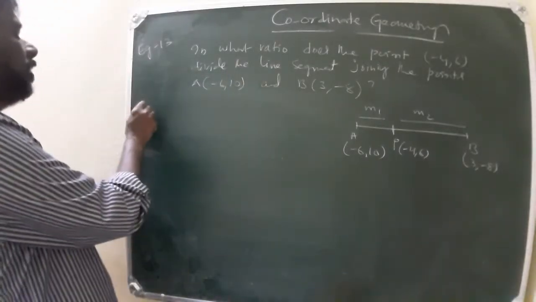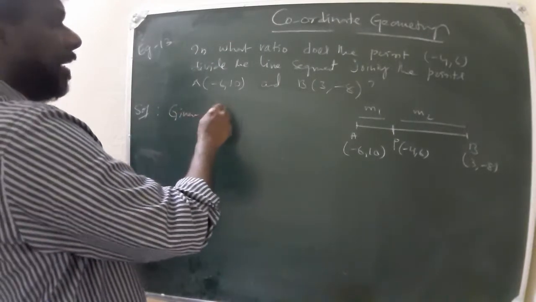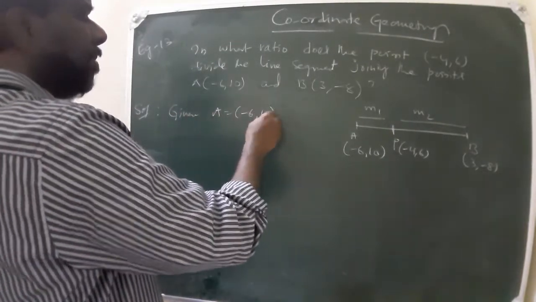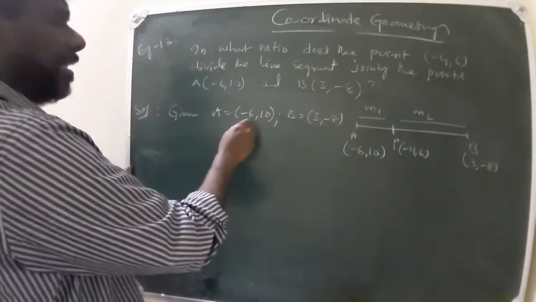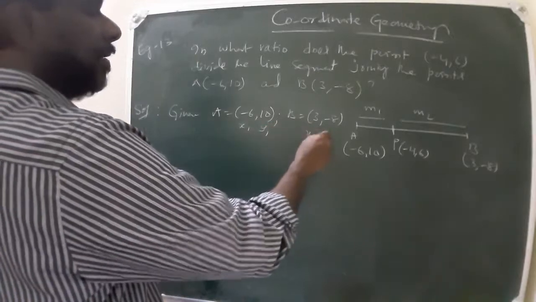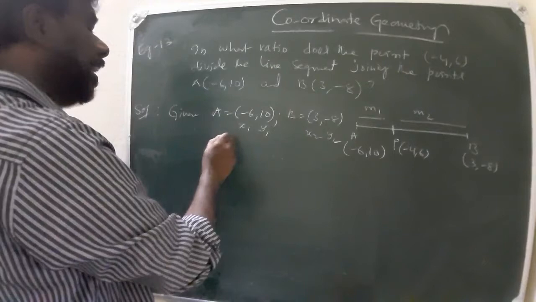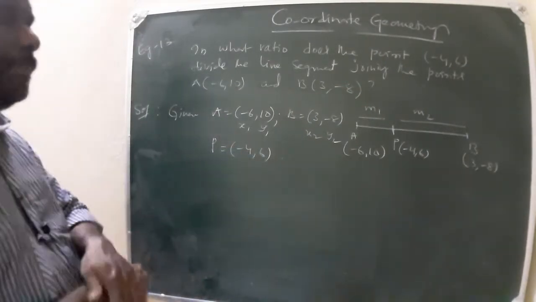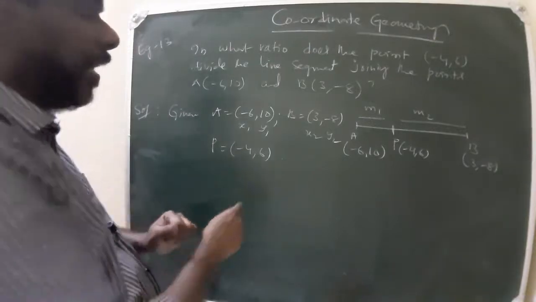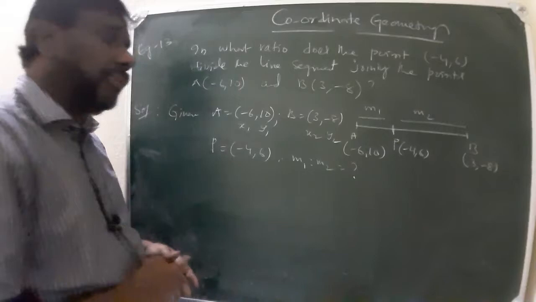Before that, first of all, write what is given: A (-6, 10), B (3, -8). This is x1, y1, this is x2, y2. This is the internally dividing point, and here you have to find the ratio.